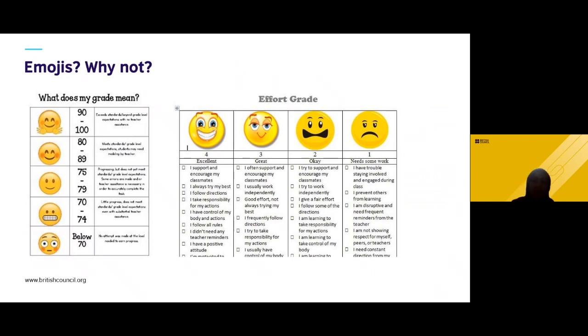It could be anything as long as it's systematic, consistent, and well communicated to the students. Please don't keep this to yourself. After you design your criteria and rubrics, communicate it and make it known and visible to the students. They need to know what you're going to evaluate them on.